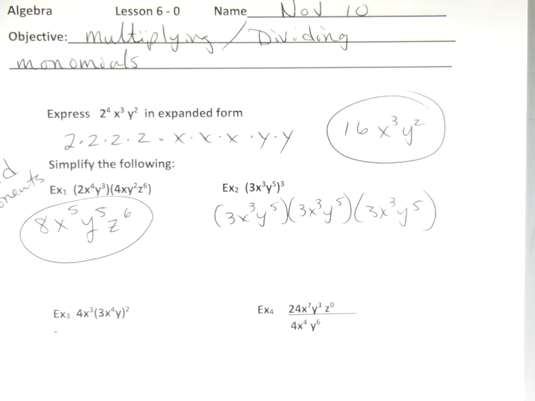Now, you really don't want to do it this way because this is the long way to do it, okay? Instead, what I notice is x³, x³, x³. So there's 3 3's, aren't there? y⁵, y⁵, y⁵. So there's 3 5's. So if we have an exponent to an exponent, what's the rule?